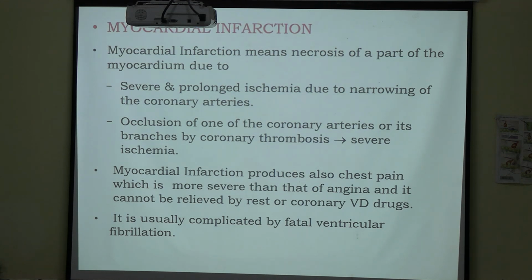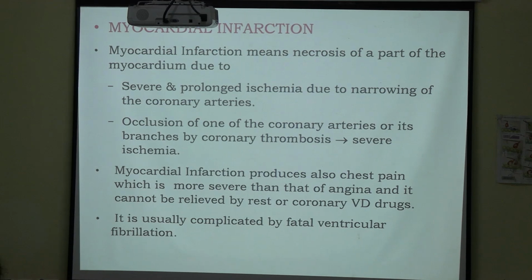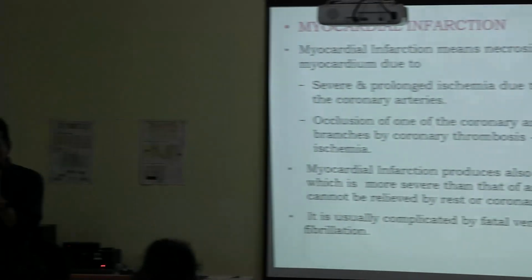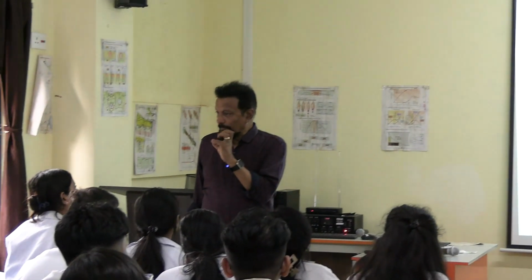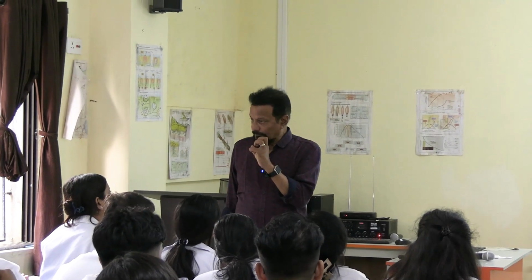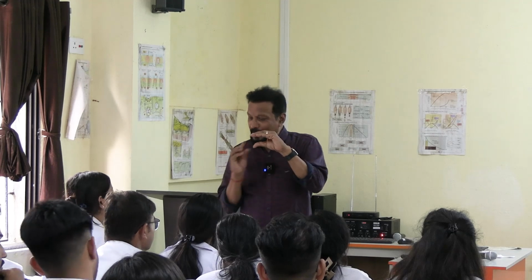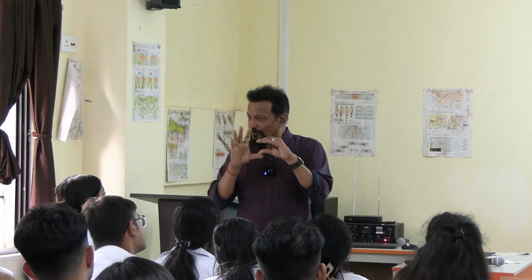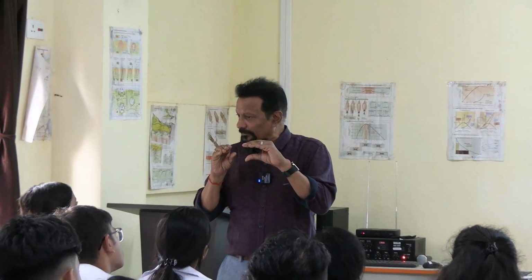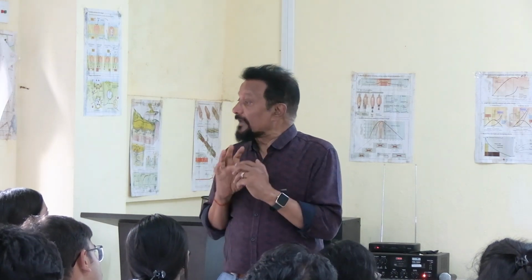Ventricular fibrillation means what? Rapid contraction of the ventricles, rapid but incomplete contraction. So there will not be any ejection of blood; only partial contraction will be there. This will hamper systole and diastole.